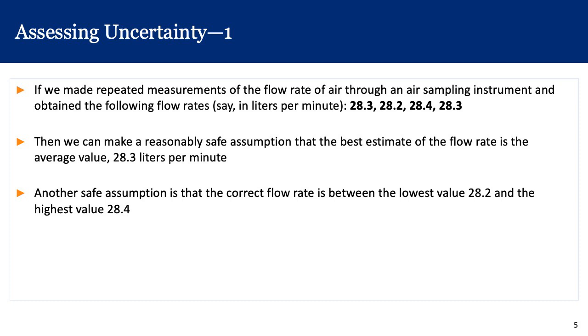Without doing any kind of statistics, given these 4 values, we can make a reasonably safe assumption that the best estimate of the flow rate is the average of these 4 values, that is 28.3 liters per minute. Another safe assumption is that the correct flow rate is between the lowest value, 28.2, and the highest value, 28.4.